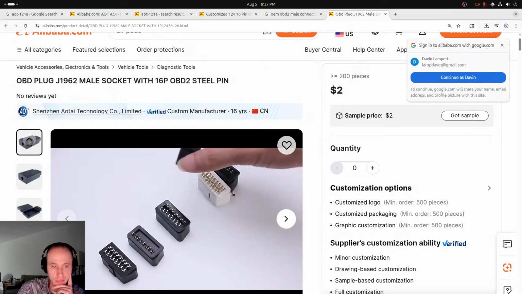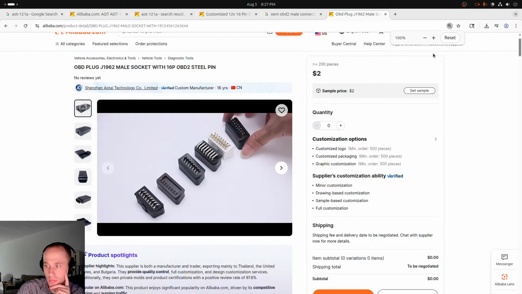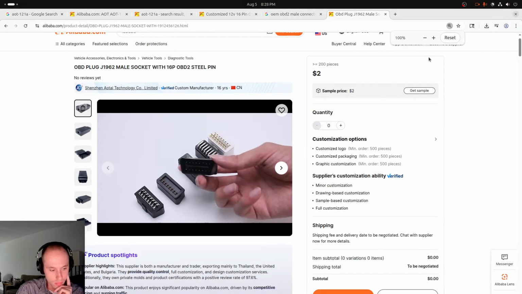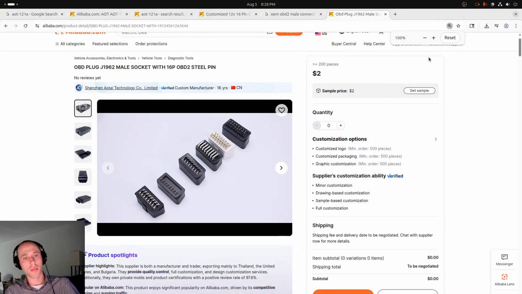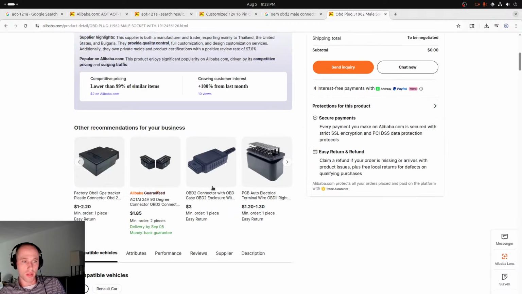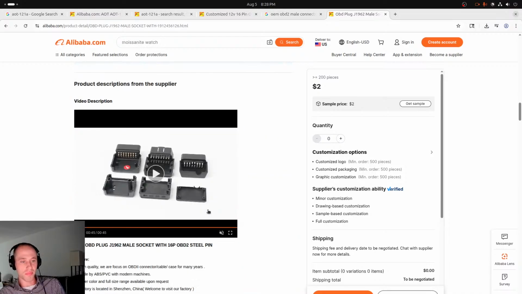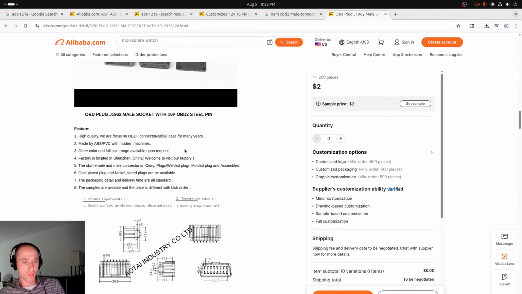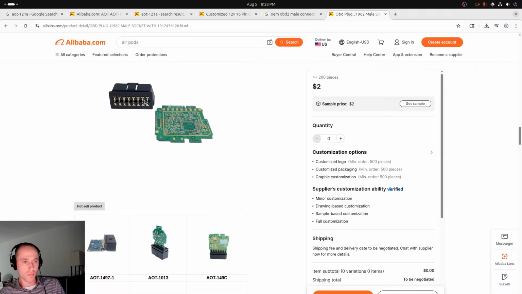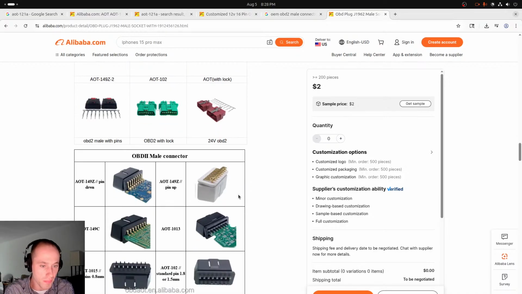It looks like we're going to have to use one of their custom ones, because at the end of the day, I don't think the OEM one that they offered is going to fit around a PCB very well. We're going to need something like this in order to fit around a PCB.